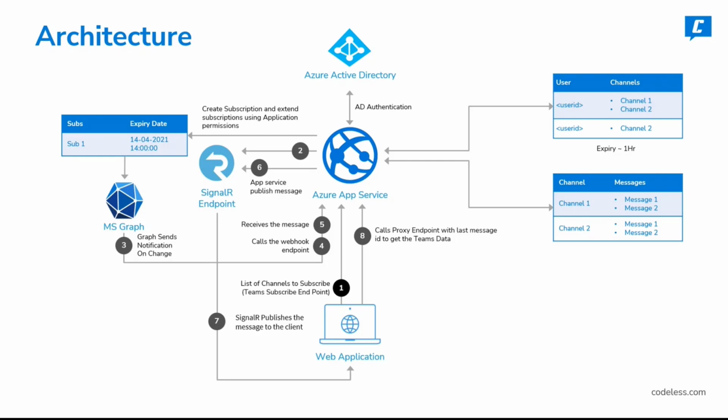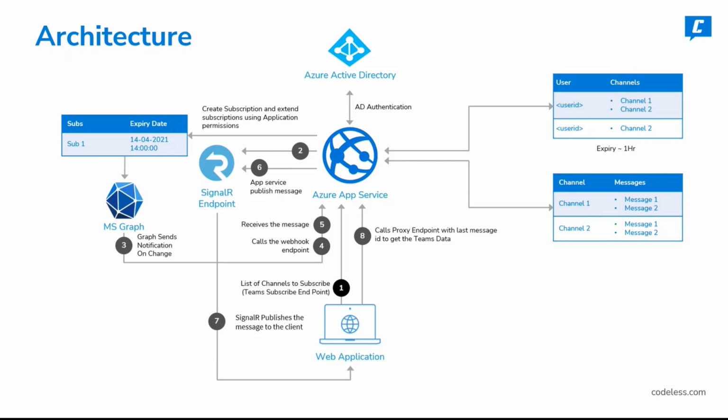Graph change subscription is a key component here, where we can subscribe to a specific resource on Office 365. And if there's any change that happens on that particular resource, Graph change subscription calls an endpoint, which can be your custom endpoint, and then you can deal with those notifications the way you want. The important part here is that whatever subscriptions you create for your resources, you need to make sure those subscriptions are always active.